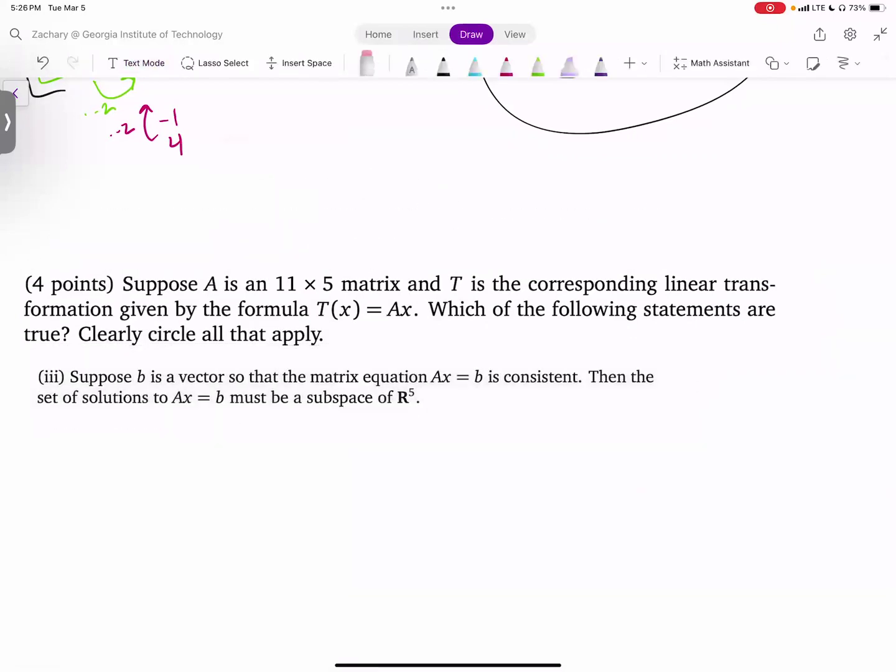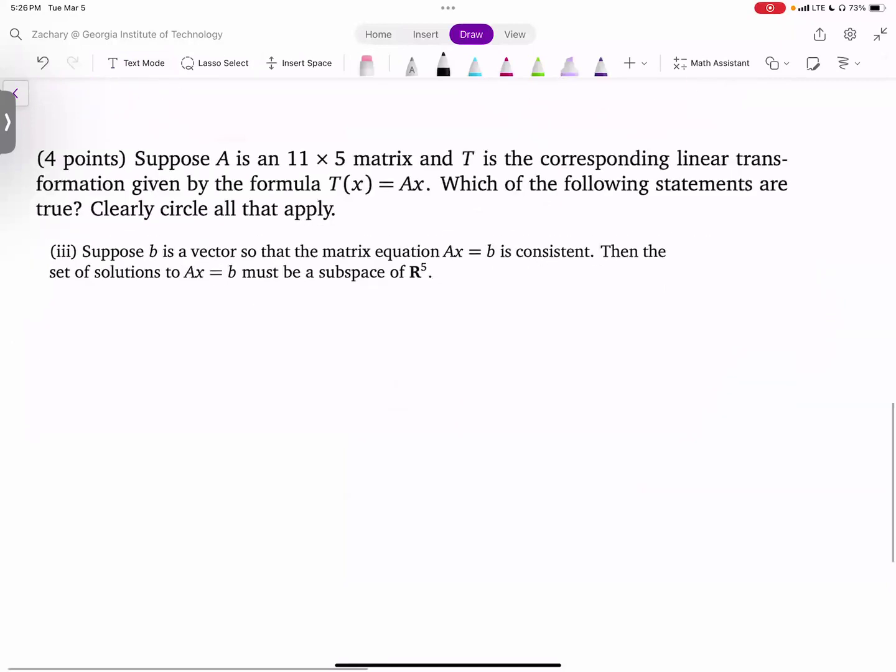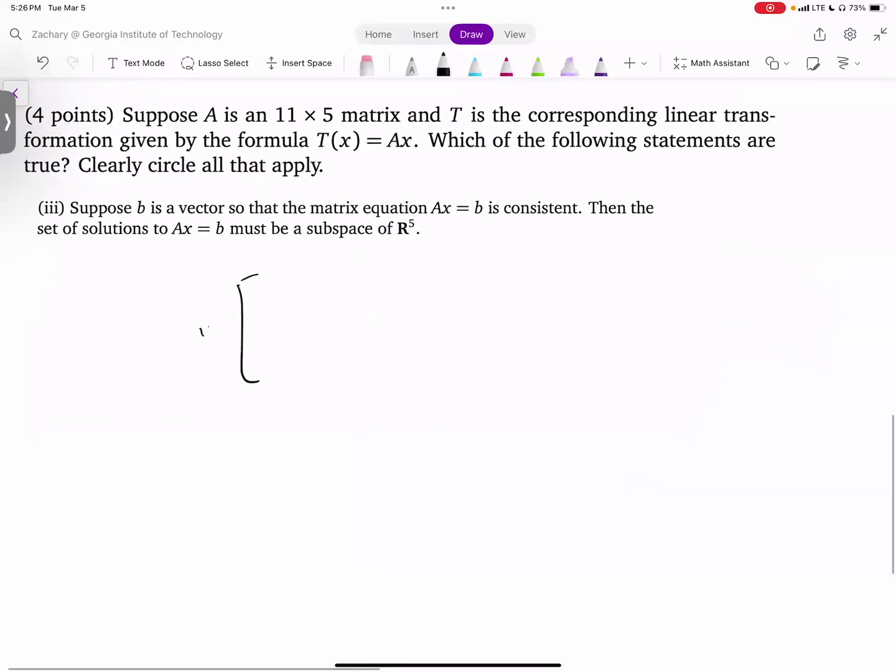Okay. So looking at this, what we have is A is 11 by 5. So it's tall. Okay. So suppose it's consistent. Great. Must be a subspace.